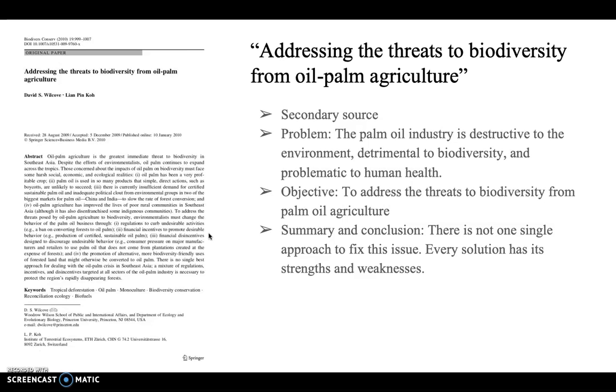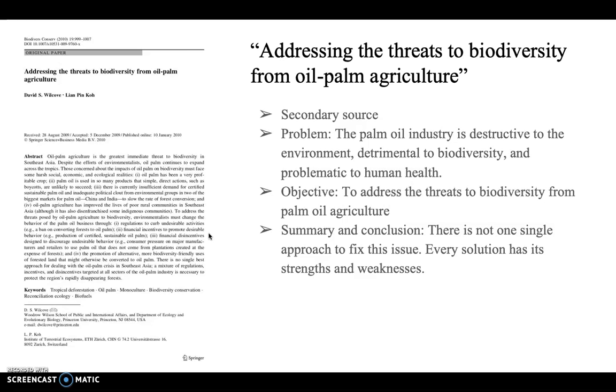Palm oil is used in so many products that simple direct actions such as boycotts are unlikely to succeed. There is currently insufficient demand for certified sustainable palm oil and inadequate political clout from environmental groups in two of the biggest markets for palm oil, China and India, to slow the rate of forest conversion.